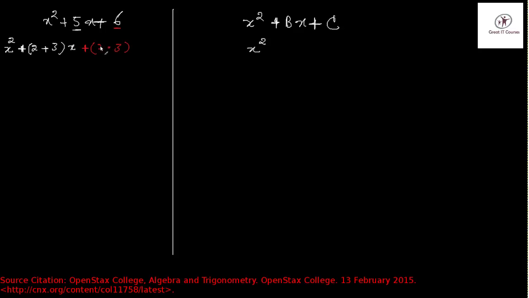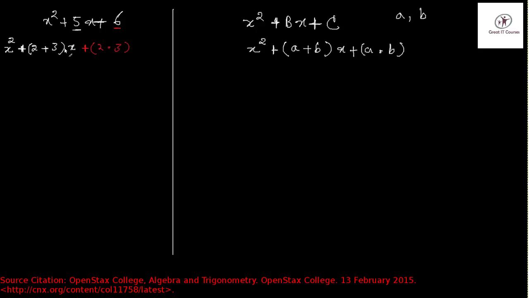Again here I'm using the same two terms, so I can just give them two common names. I can call them, for example, a and b. So based on this, b was equal to 5, which is 2 plus 3, or a plus b into x, and c was equal to a into b. And that's what we did in this step.